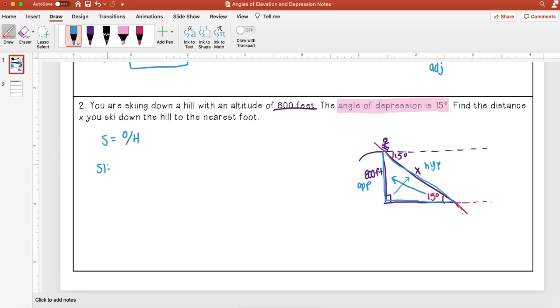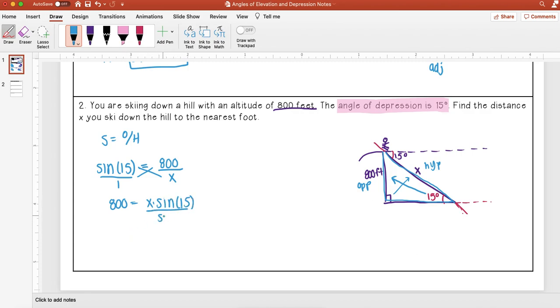So I'm going to have sine of my given angle, which here is 15, is equal to my opposite side, which is x, no, not x, 800, over my hypotenuse, which is x. Next I want to cross multiply, so I have 1 times 800, and I get 800 is equal to x times sine of 15.